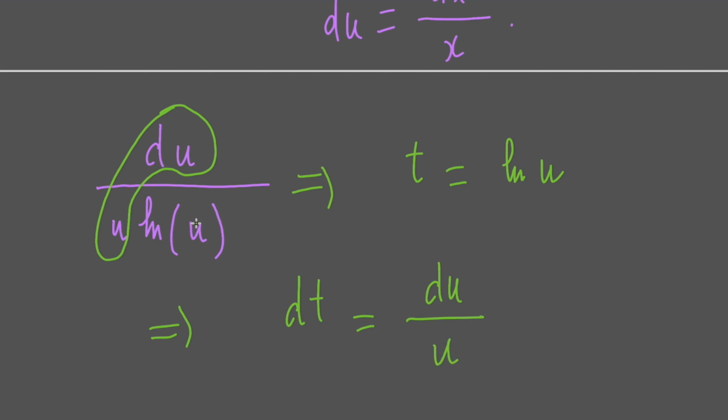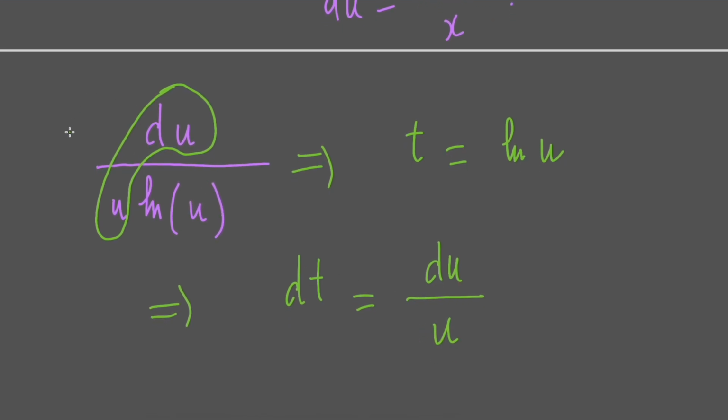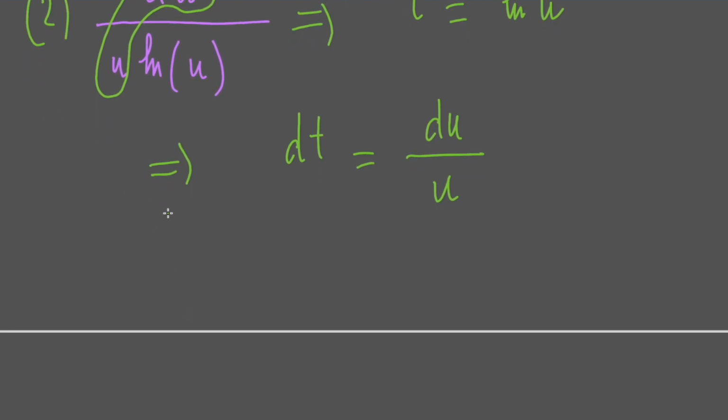Replace it into the second integral. You would have dt over t, and you change the domain of x to t.